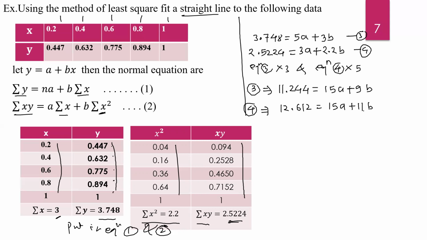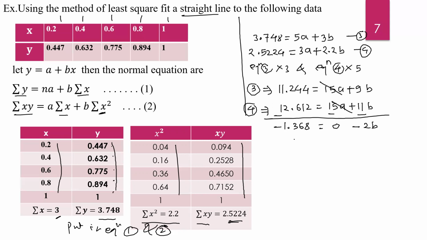11.0, means 11. Now here the coefficient of a is the same. We use the simultaneous method. Now take the subtraction. Now 15a cancels, here we get 0, here we get minus 2b, and here we get minus 1.368.